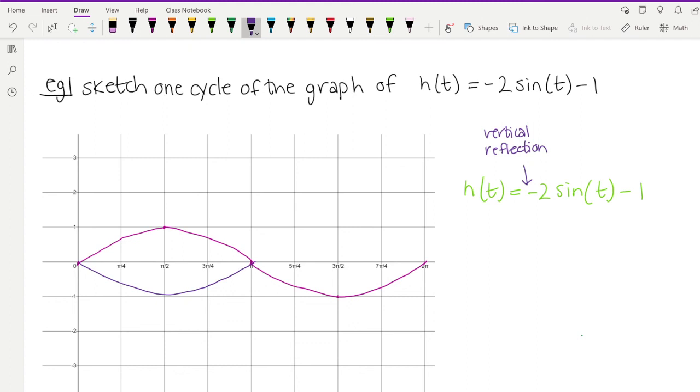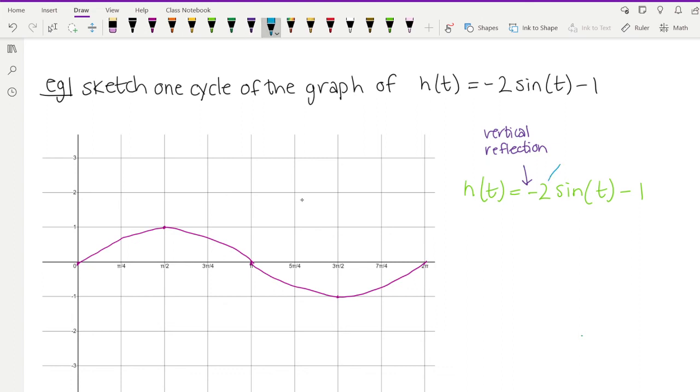It means that the basic shape we're going to be looking for, it's going to have some other transformations, but instead of going up and then down the way the typical sine graph does, our function is going to go down and then up. We'll want to keep that in mind when we get around to sketching our graph.